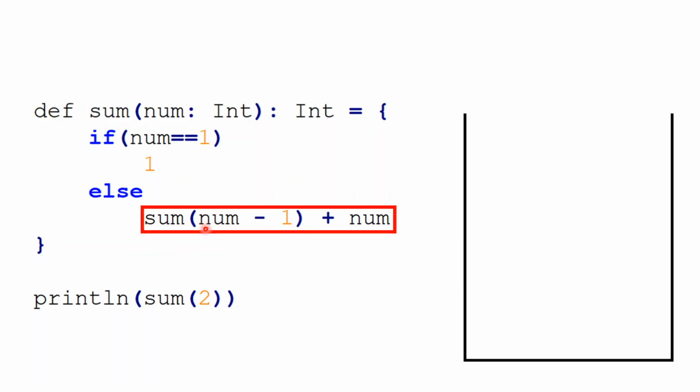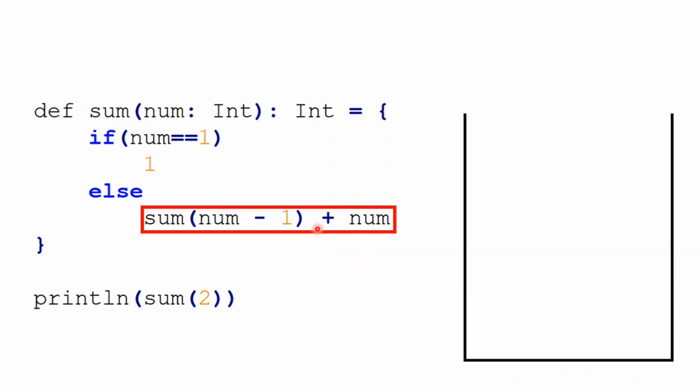So it will call sum of 1, but there is a residual value num which is waiting for the output of sum to be calculated. And since we have this value num, it will be stored in a stack frame which will be waiting for this sum function to get evaluated.